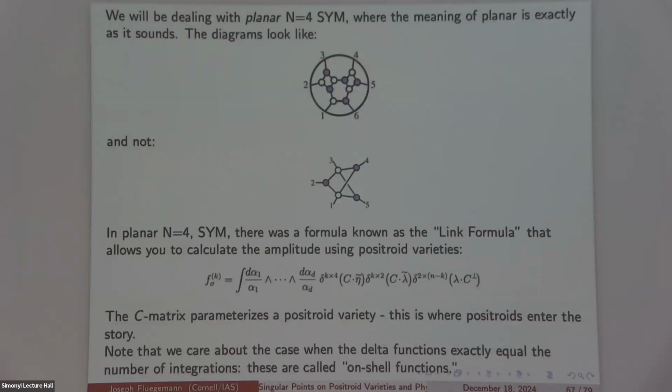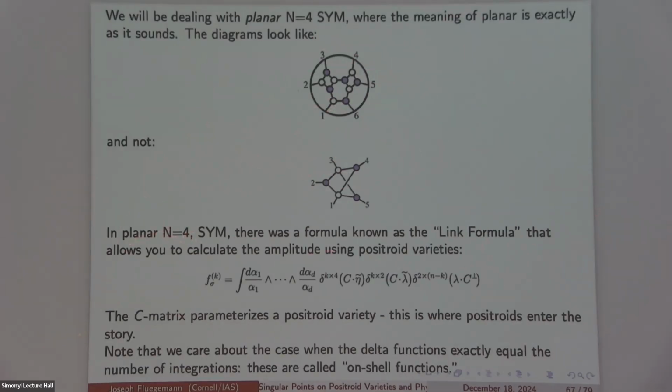It turns out that N equals 4 super Yang-Mills theory is connected to these so-called plabic diagrams, these bicolored planar diagrams. They give you these so-called leading singularities that you can use to get the amplitude.